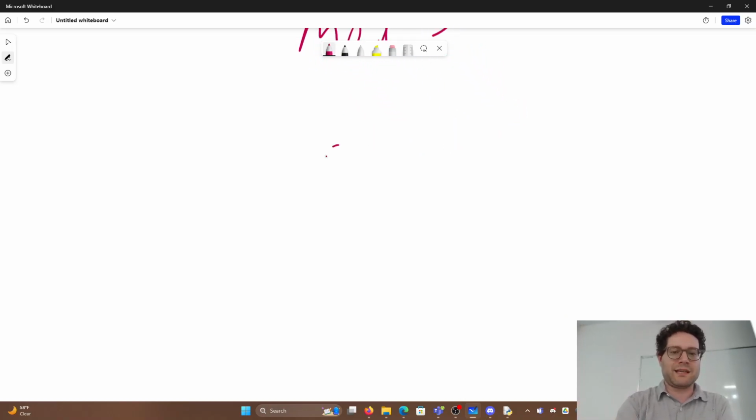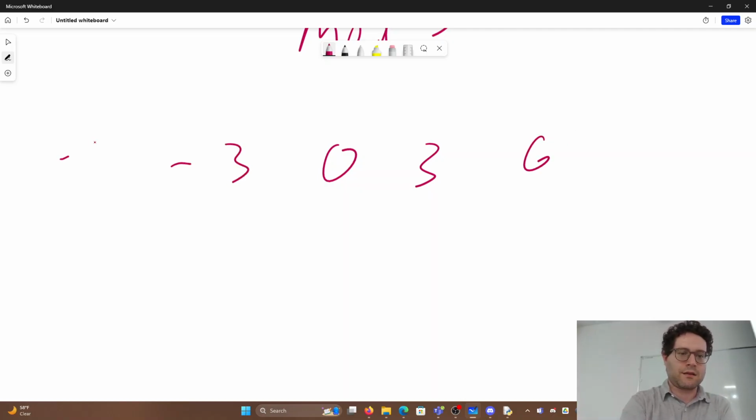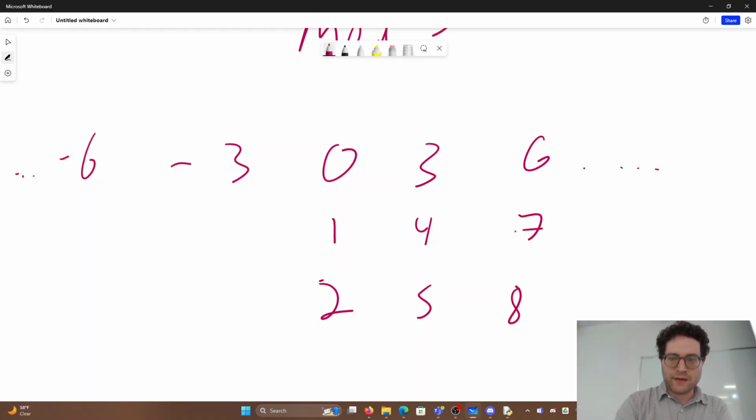That means that basically we've got 0, 3, 6, -3, -6. Yes, we can deal with negatives in modular arithmetic. Don't get too scared about that. 1 and 2, 4, 5, 8, 7, -2, -1. I was worried I did the math wrong for a second.